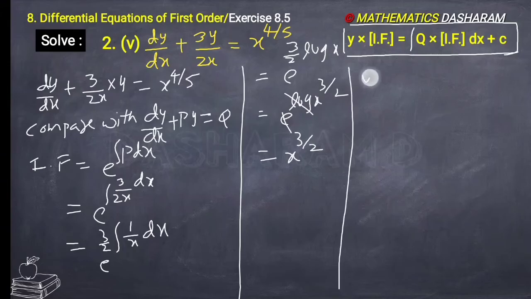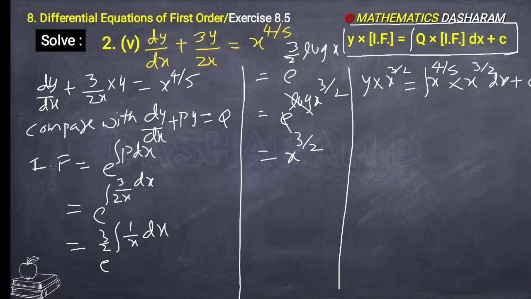So here is a formula: y into integrating factor x to the power of 3 by 2 equals to integration q value, that is x to the power of 4 by 5, into x to the power of 3 by 2 into dx plus c.